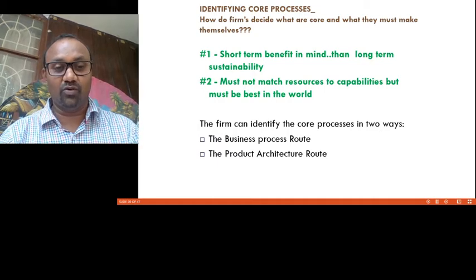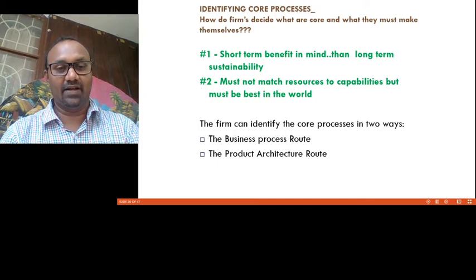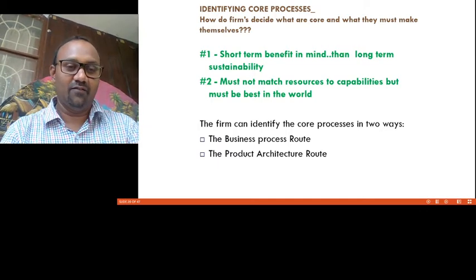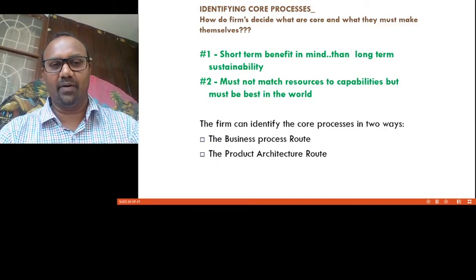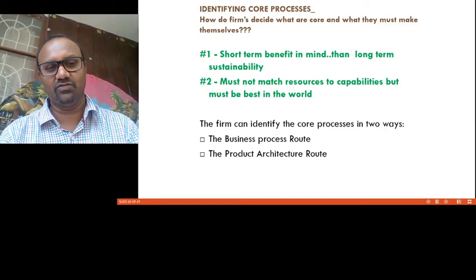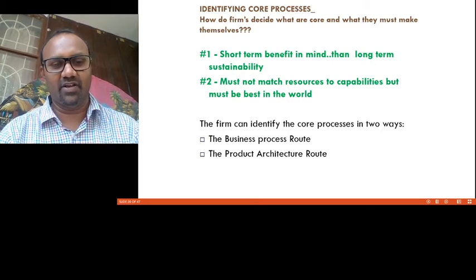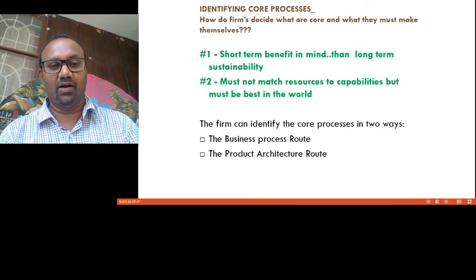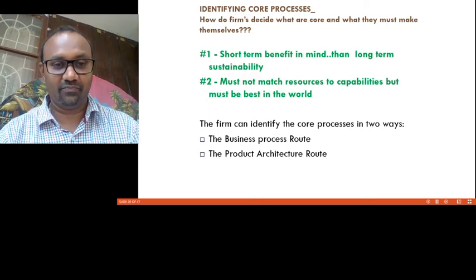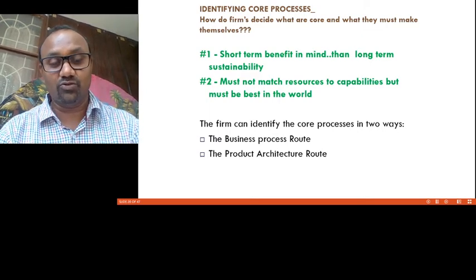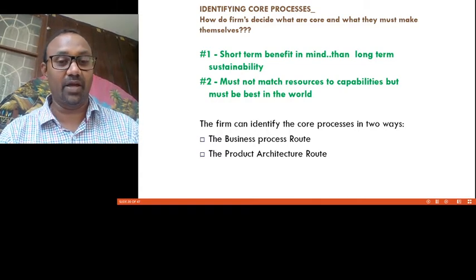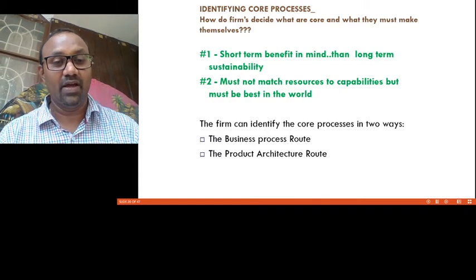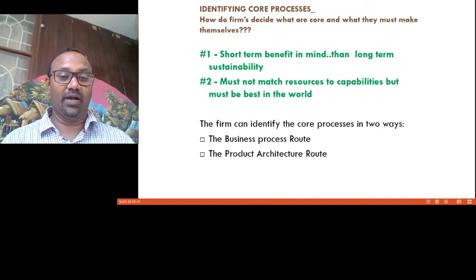So are you going to run this outsourcing for a certain period of time where you want to take a decision and you want to try it out for a certain period, and if it works you will continue, or you've made up your mind that you want to completely outsource it because you've had enough of it, and you've not been very successful in trying to make a particular product or a component on your own. Secondly, when you make this outsourcing decision, you must make sure that you must not match resources to capabilities, but you must be able to work with the best outsourcing partner or vendor in the world.